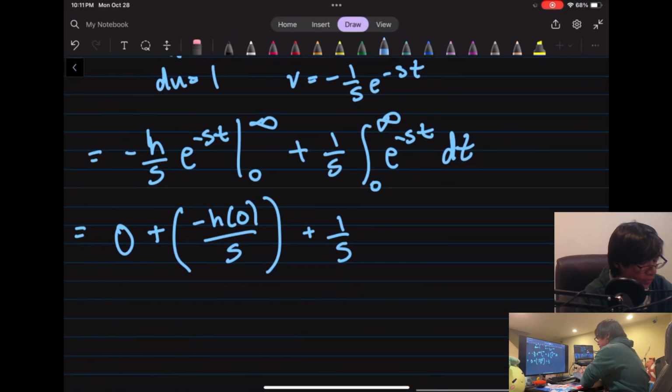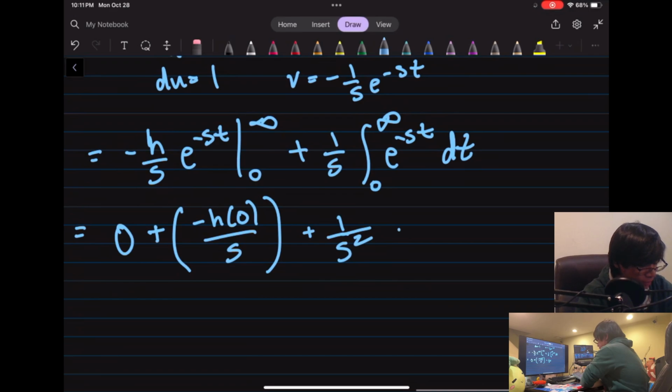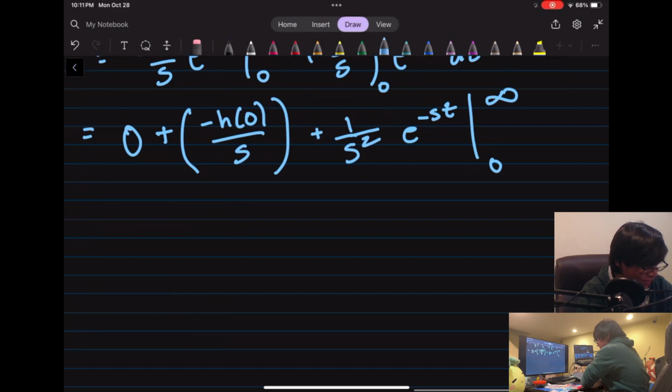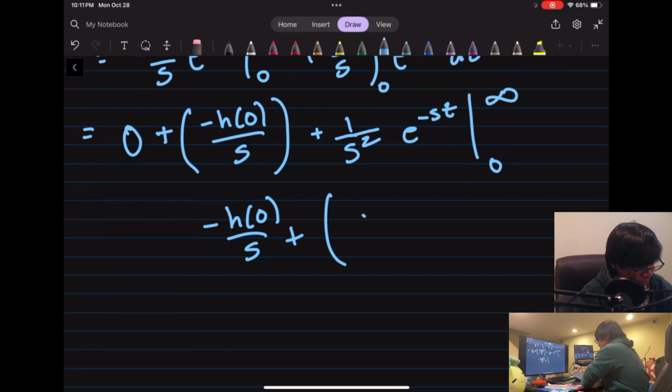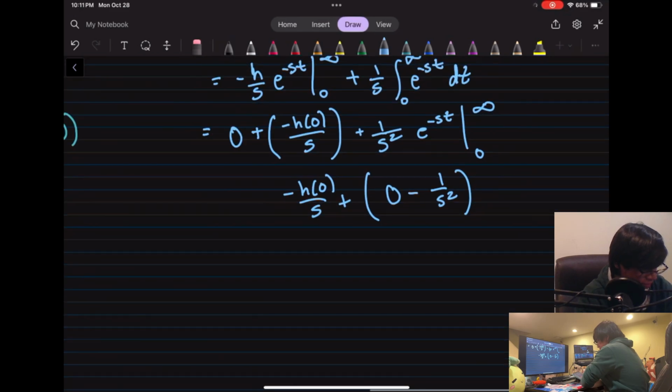Yeah, this is right. So 1 over s squared. Integrate. Oh, I don't think this is right. Okay. So we have this, copy down. Infinity is 0 minus, and then 0, 1 over s squared. Yeah, this does not look right.